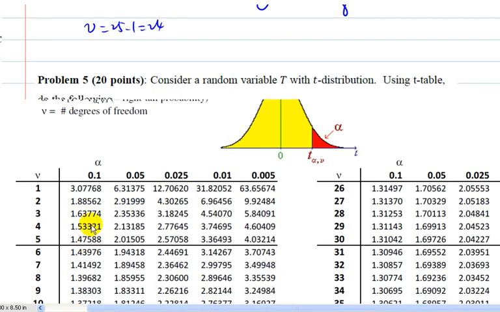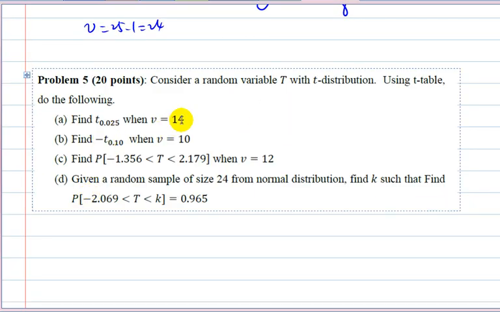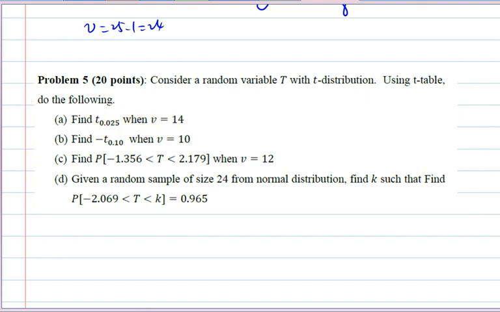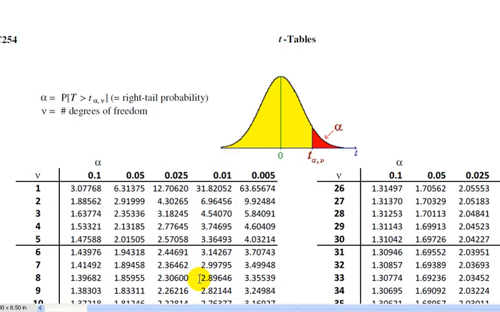How many degrees of freedom do we have? We have 14 degrees of freedom, and you're looking for this T value. If you look at the T table, when you have a T value with the subscript alpha, that's the T value which has an area of alpha to the right.